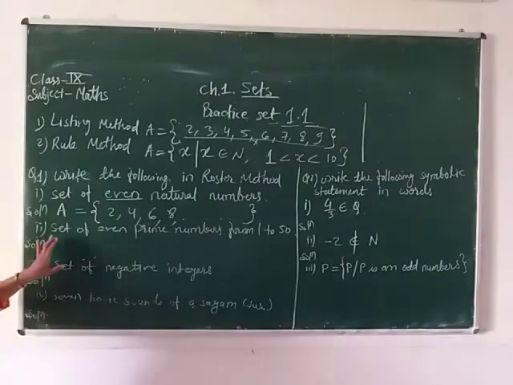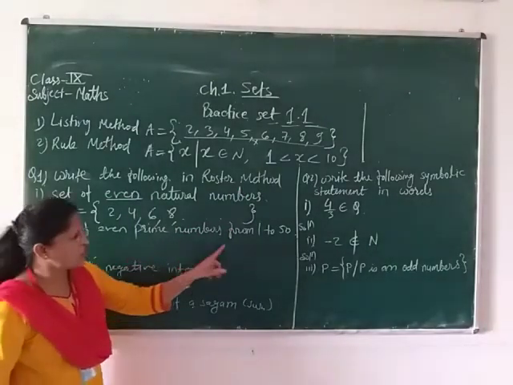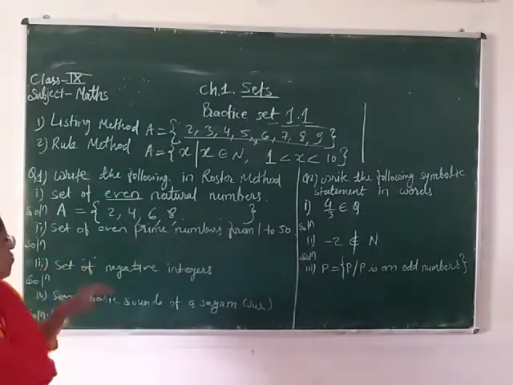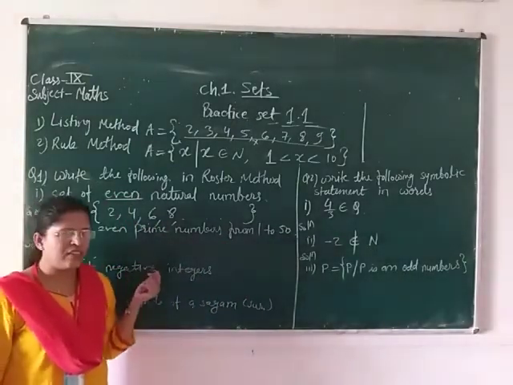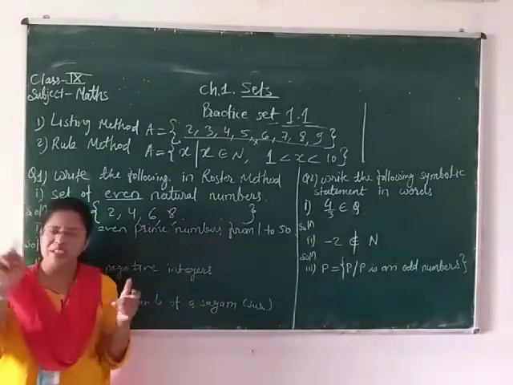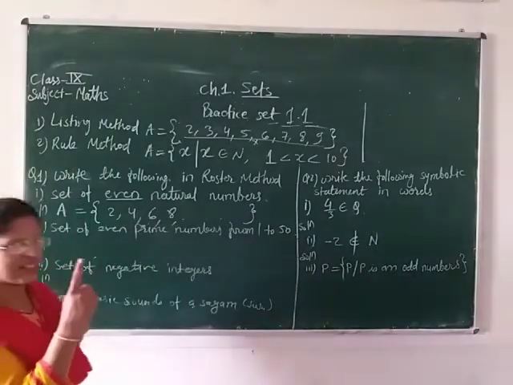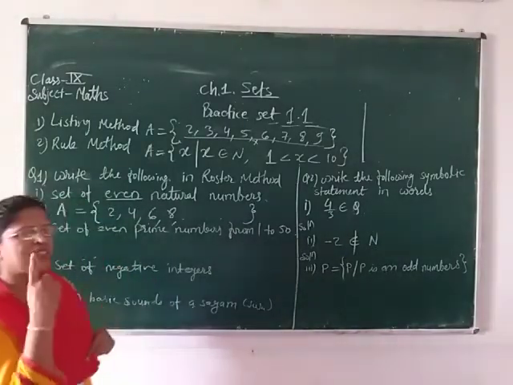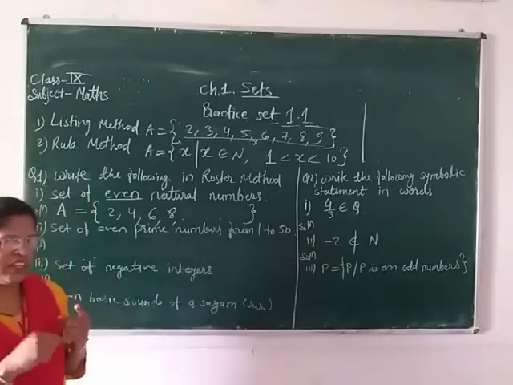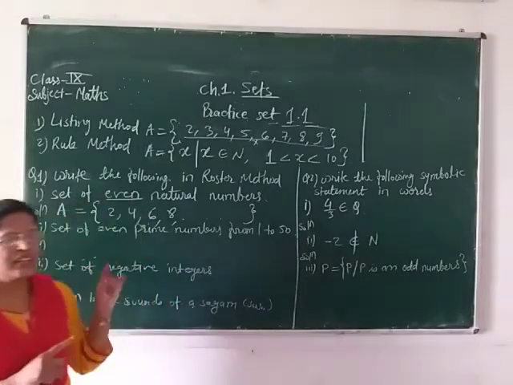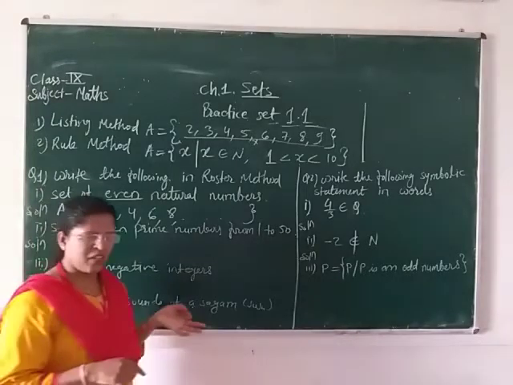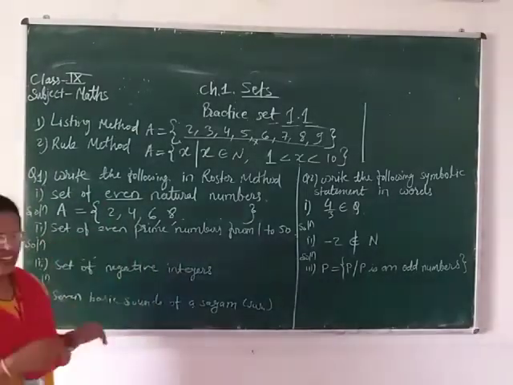The second example is the set of even prime numbers from 1 to 50. What is a prime number? A prime number is divisible only by 1 and itself. 2 ones are 2, 3 ones are 3, 7 ones are 7, 11 ones are 11. 4 is not prime because it is in the table of 2.